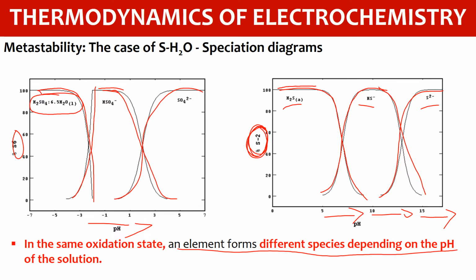So you need to understand these in speciation diagrams and also in your Eh-pH diagrams, by delving deeper into what effect this has on your system, instead of just looking at the S2- or the S6+ ion only. You need to understand the kind of species that it forms when you change your parameters, such as your pH.